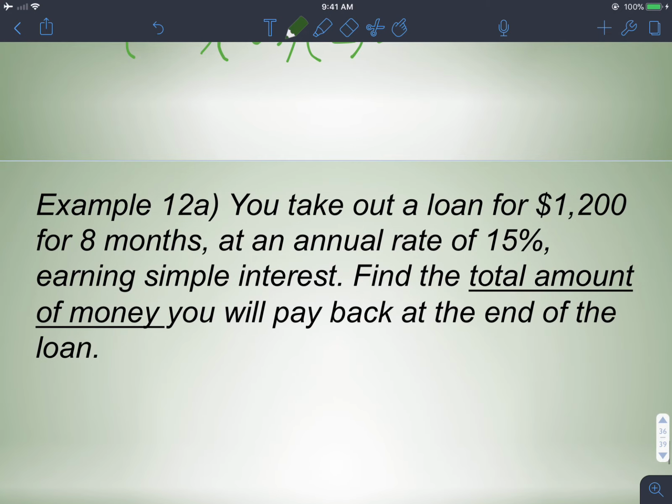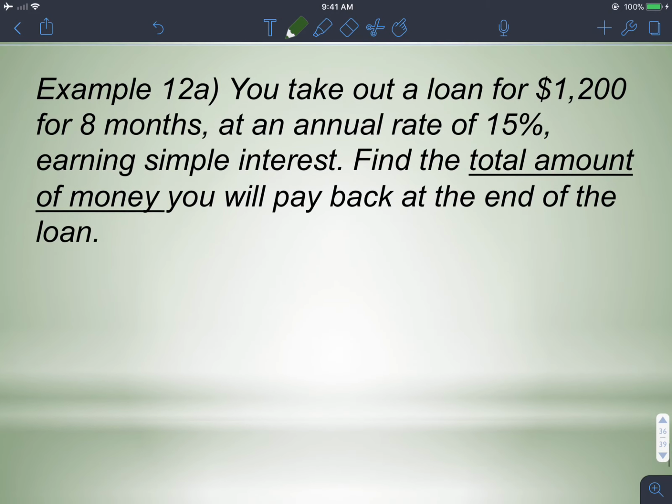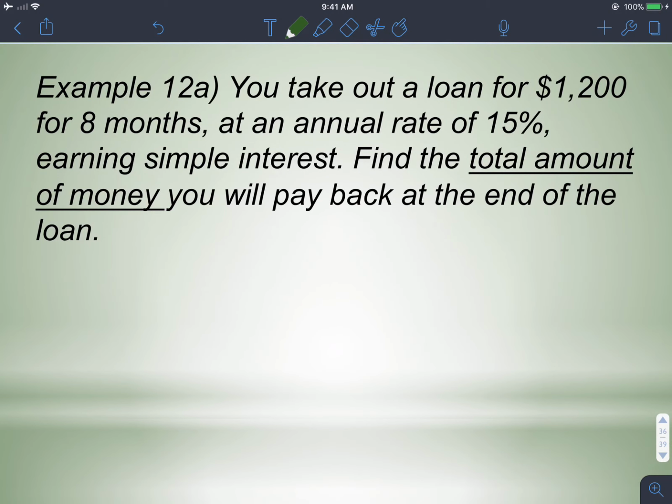Naturally, they're not going to give you it straightforward like that. They're going to give you some sort of small word problem. You take out a loan for $1,200 for 8 months. The interest rate annually is 15%, earning simple interest.